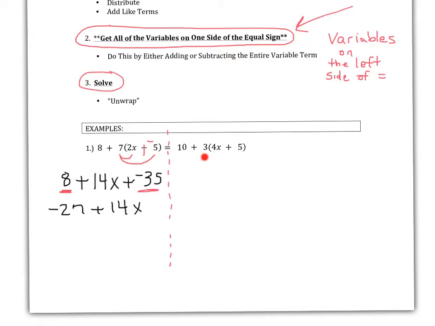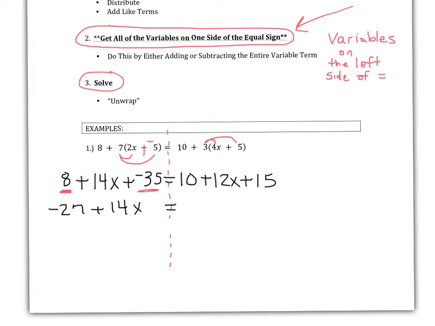Now, let's look at the right-hand side. There aren't any subtractions, so I don't need to make a double sign change, but I can distribute the 3. Alright, keep your equal sign lined up. Here we go. 10 plus 3 times 4x is 12x plus 3 times 5, 15.